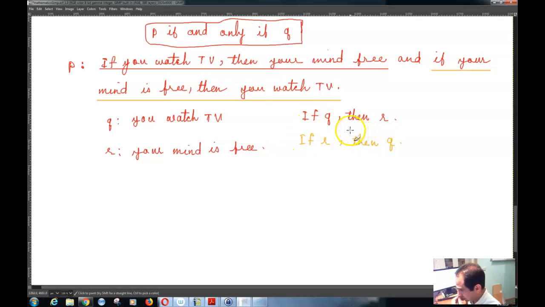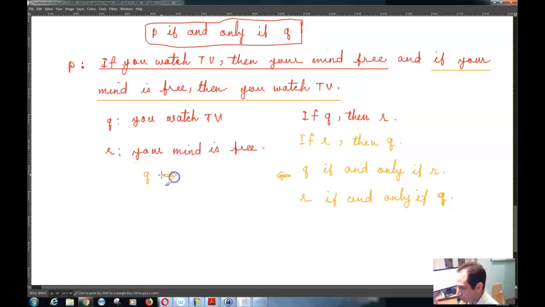So then you can write it as Q if and only if R, or you can say R if and only if Q. Technically, this is of course shown by this notation.